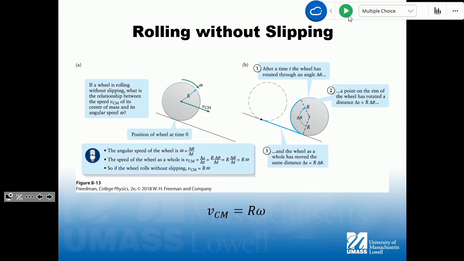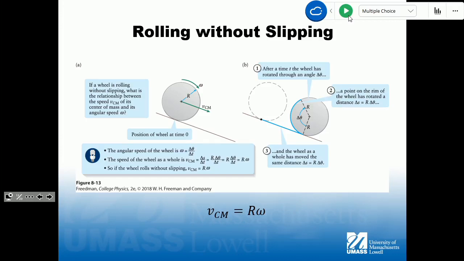As an object rotates, as this slide shows you, it's covering delta theta over delta t. That's the omega it has. So it's covering a certain delta theta in a certain amount of time delta t. As it rolls and covers that delta theta, it's covered a certain length. Everyone agree? That length is the length of the arc that rolled. However much arc rolled is the length actually moved.